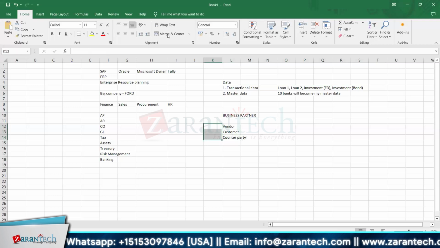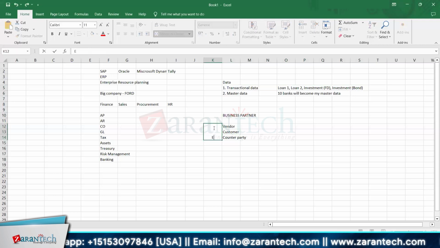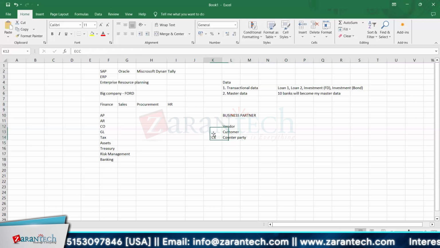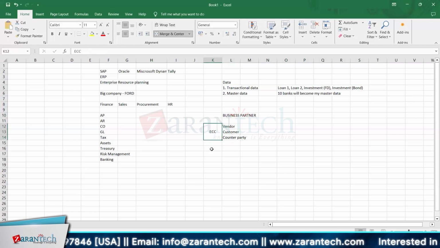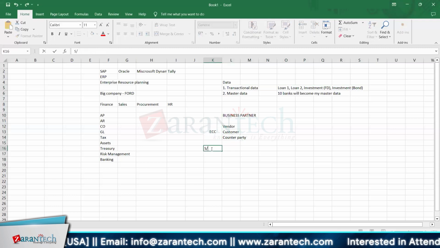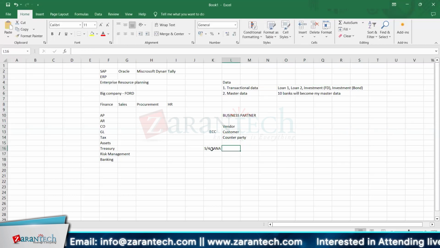So, are you guys familiar with ECC? ECC is nothing but the older version of SAP. Okay. And currently, it has something called S4HANA. This has been used for the last 6-7 years, where with S4HANA all the companies are going for S4.